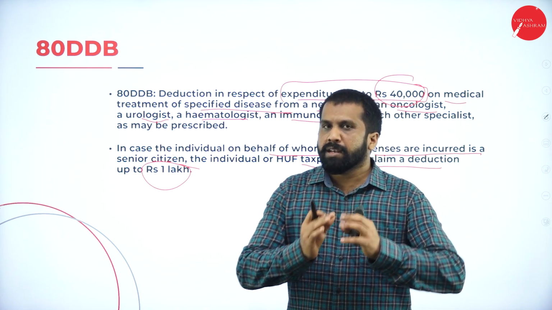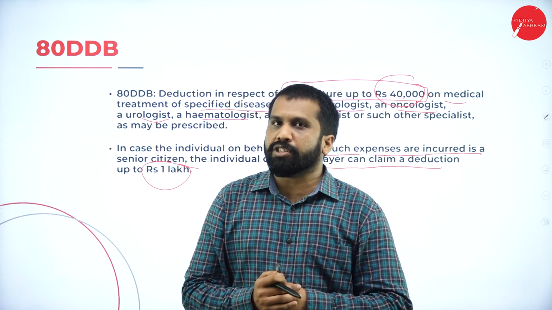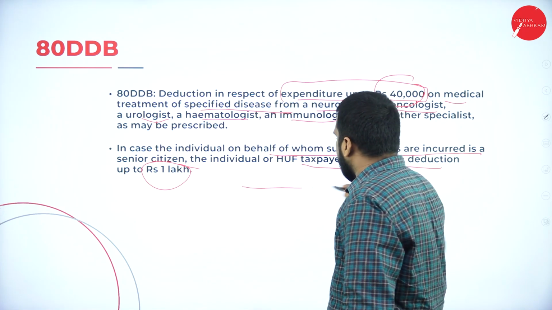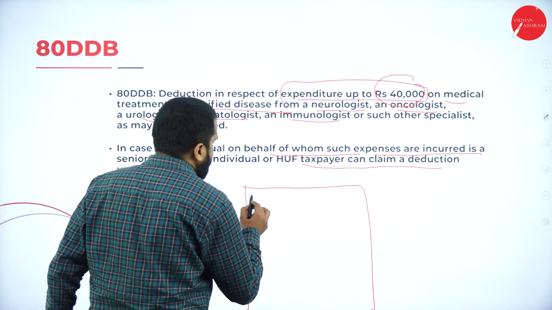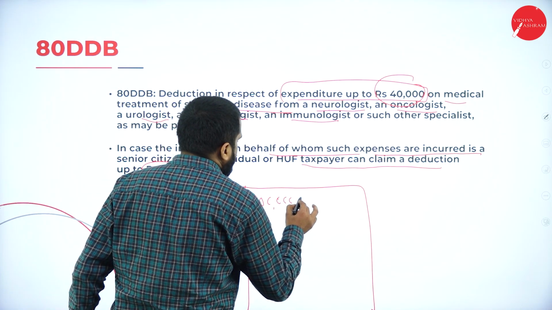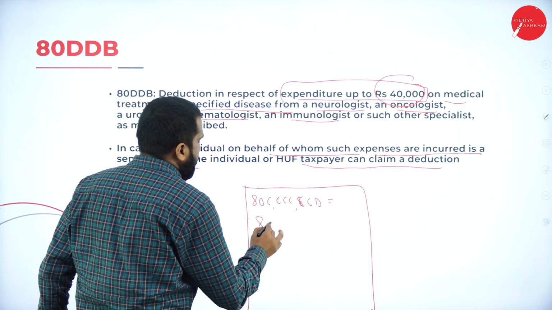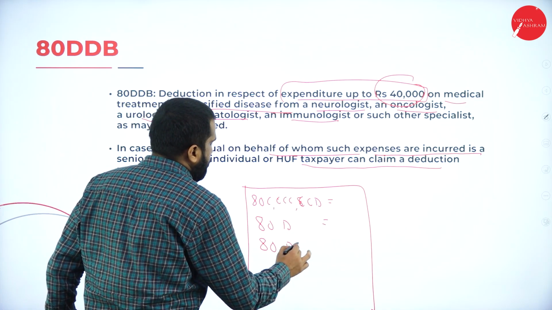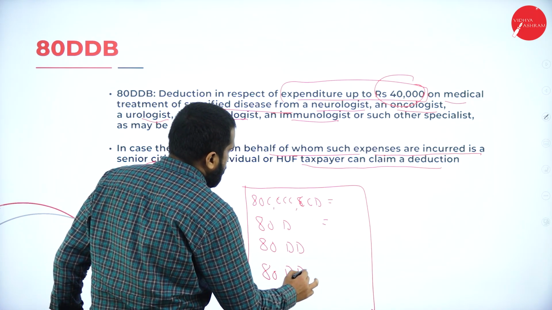Now we'll come to the homework part. Very simple homework. You are supposed to do it in the comment box only. After watching the video, please answer this question. In your comment box, you are supposed to cover 80C, 80CCC, 80CCD; second one, 80D; third one, 80DD; fourth one, 80DDB.